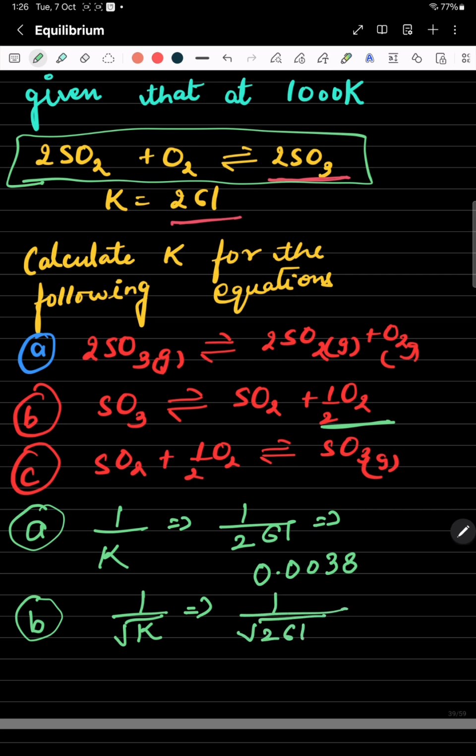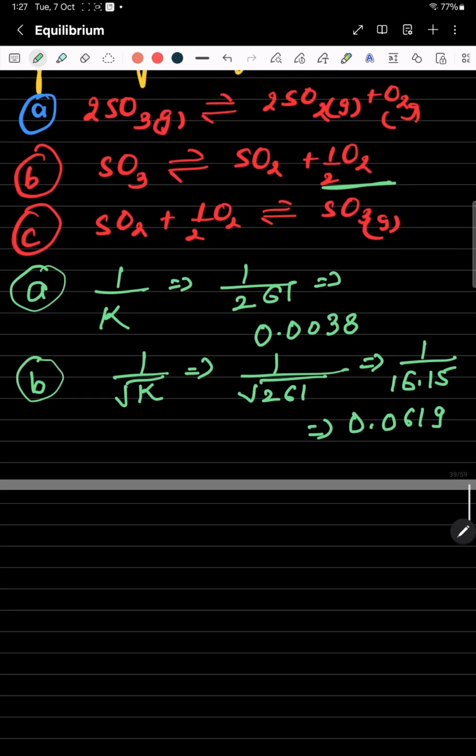Under root of 261 is 16.15. So 1 upon 16.15 gives 0.0619. It's very simple if you try.